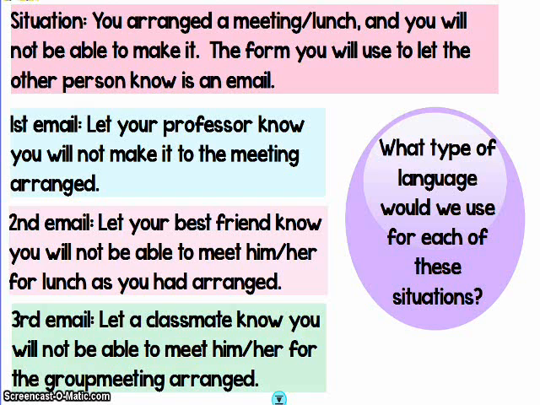Now the form that you're going to use to let the other person know that you're canceling the appointment is an email. For the first email, let your professor know that you will not make it to the meeting. The second email, let your best friend know you will not be able to make the meeting. And in the third email, let a classmate know that you're not going to be able to make it to the meeting.